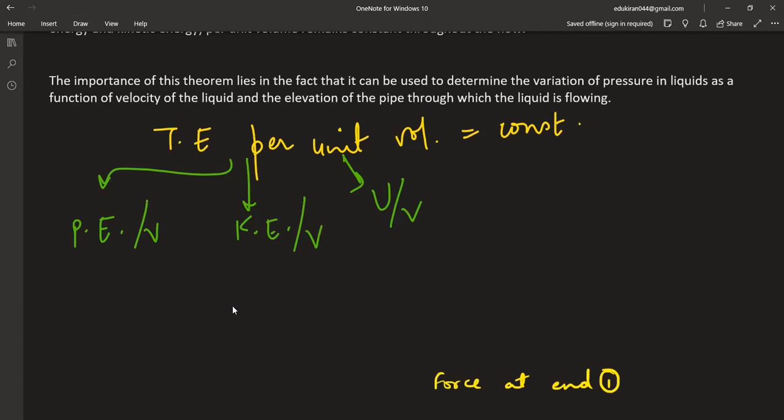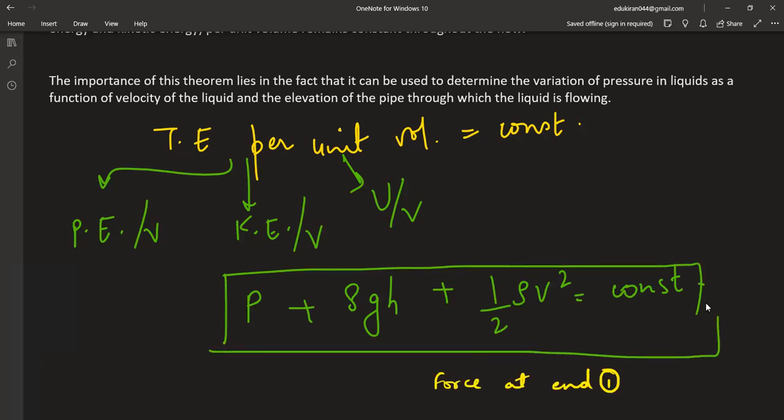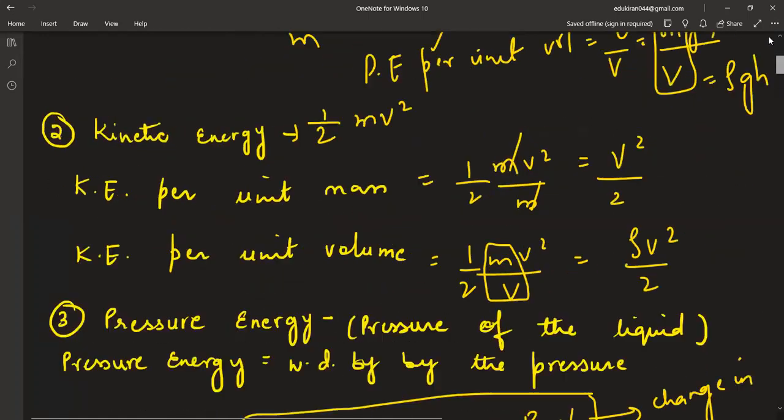That is pressure energy, potential energy per unit volume which was rho gh, and kinetic energy per unit volume which was half rho v square. This will always remain constant. This is your Bernoulli's theorem. You have a proper derivation for it, but this is all about Bernoulli's theorem. First, write it down.